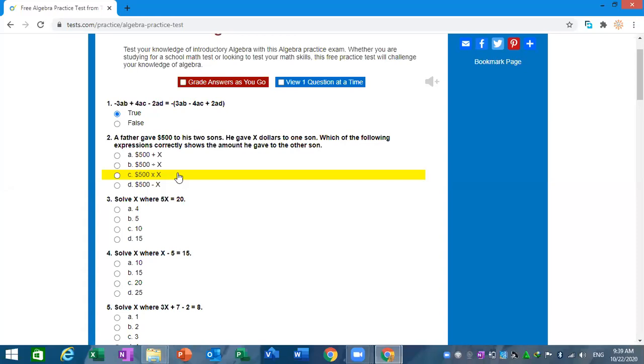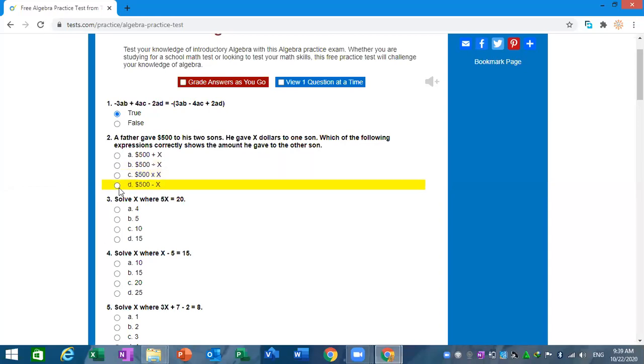The father decided to give 500 to both of them, but he gave one of them X dollars. So what is the amount of money which the second will receive? It will be 500 minus X, because he has X dollars less than his brother.